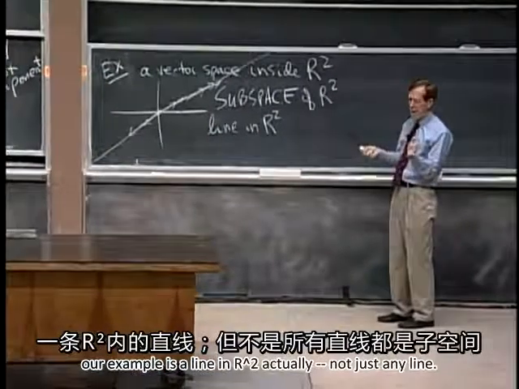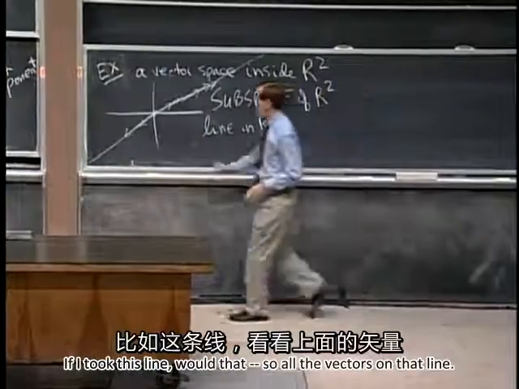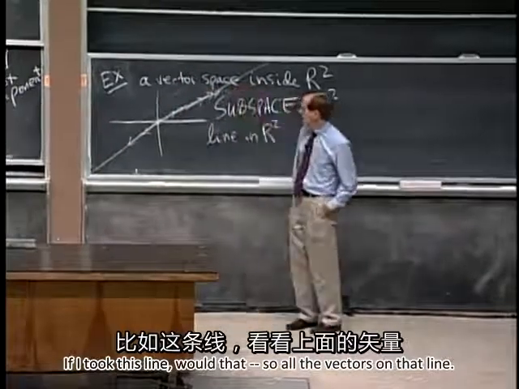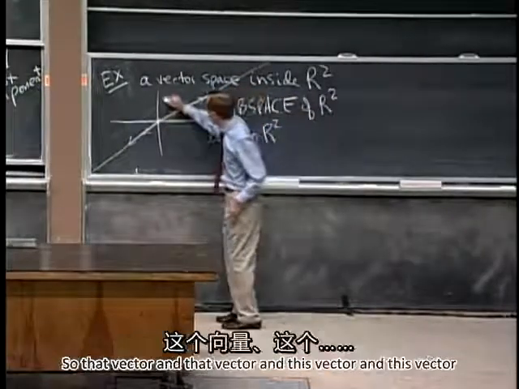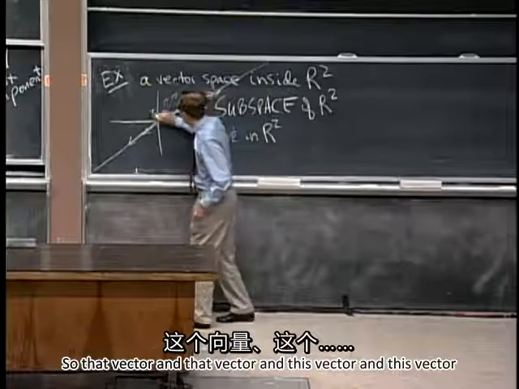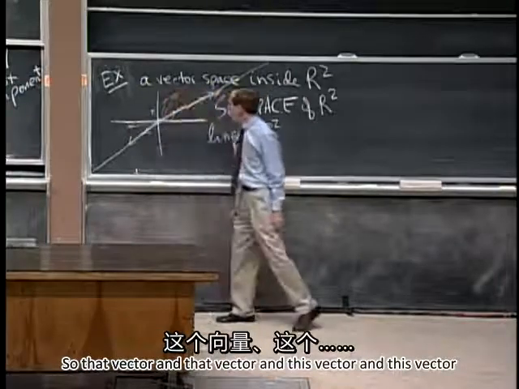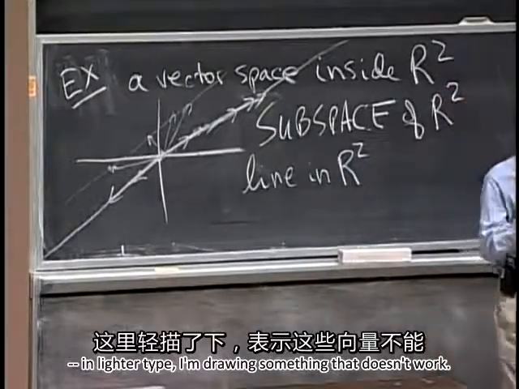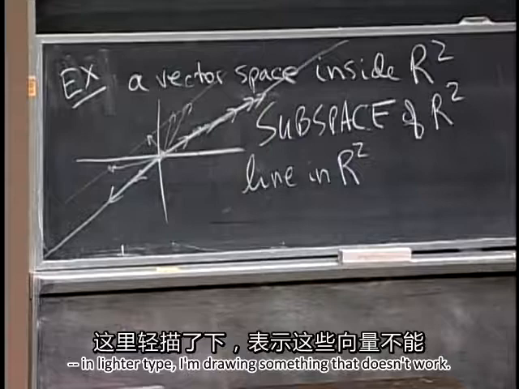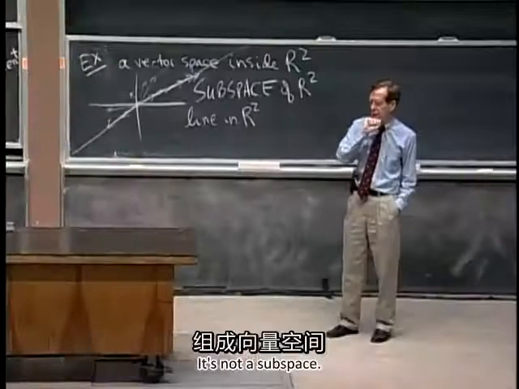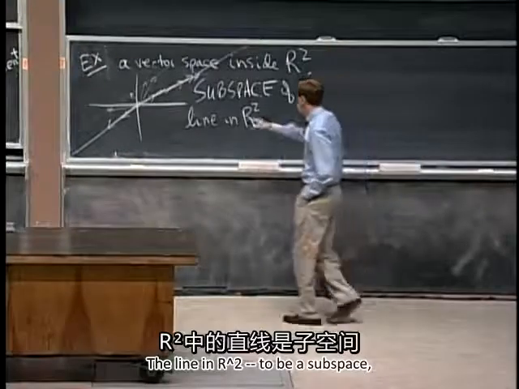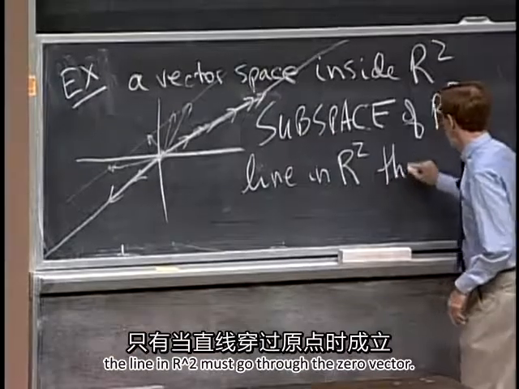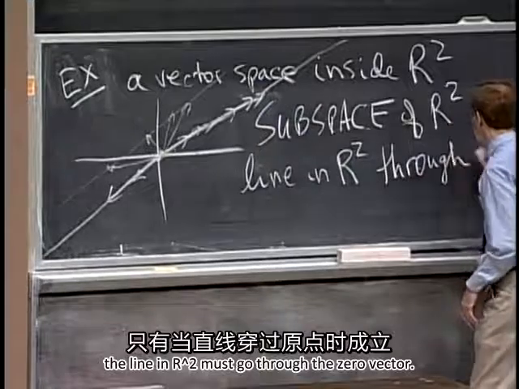Actually, not just any line. If I took this line, so all the vectors on that line, so that vector and that vector and this vector and this vector. So in lighter type, I'm drawing something that doesn't work. It's not a subspace. The line in R2, to be a subspace, must go through the 0 vector.